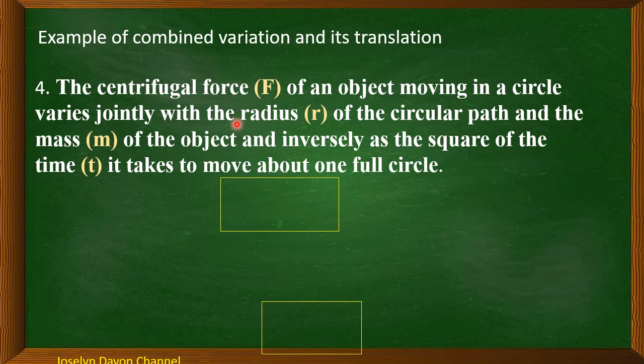So the centrifugal force is F, so we have here F is equal to, do not forget K, varies jointly, so we have here r and m in our numerator and inversely as the square of time. So square, that's why we have here t square. So this is now the translation.